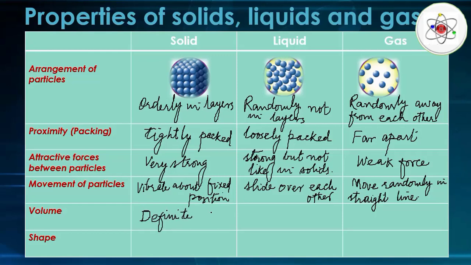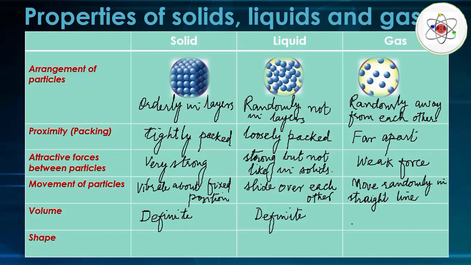Why definite volume? Because when a solid is taken to another place, it has the same volume, so the volume is not changed. Liquids also have a definite volume, because 25 centimeter cube of water will remain 25 centimeter cube if it is transferred from a beaker to a glass, right?